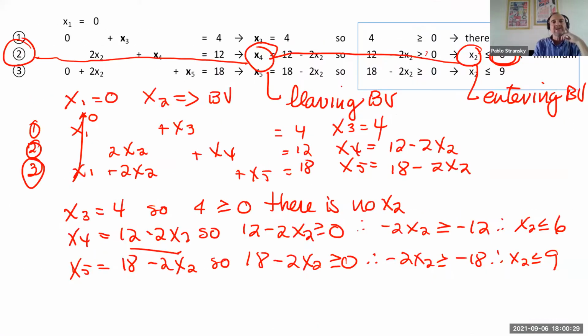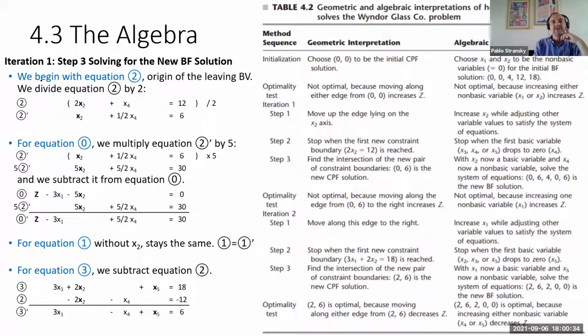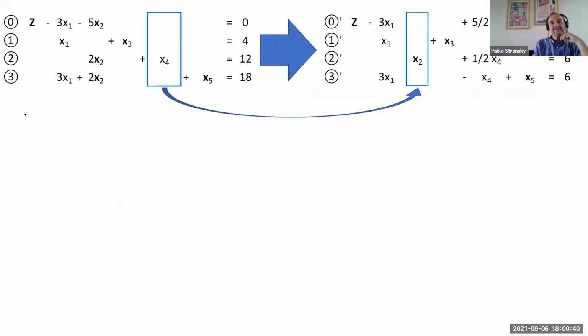We said here that we were going to start with equation number 2, exactly. So we begin with equation number 2, okay? And at the beginning, pay attention. This is where we're going to start. What I need here is for this 2 to become 1, because I've got a 1 here. I need this pattern of my leaving basic variable to now become the pattern of my entering basic variable. I need here a 0, 1, 0.